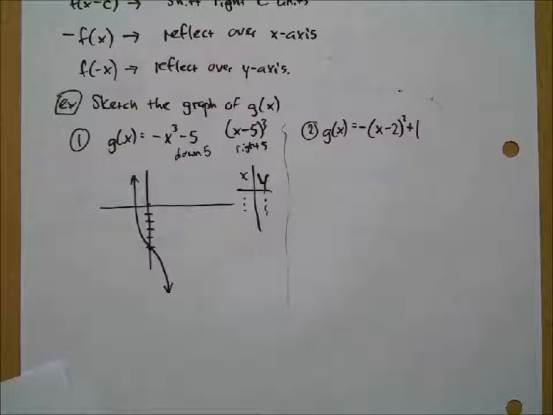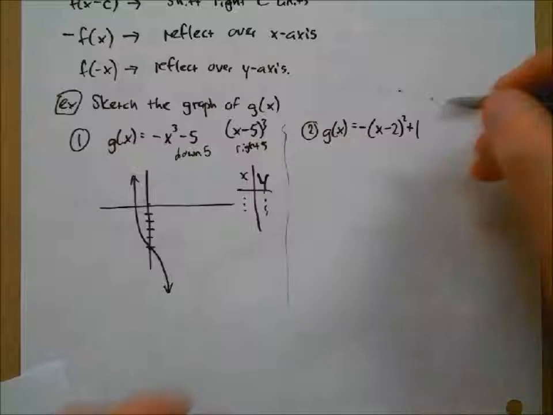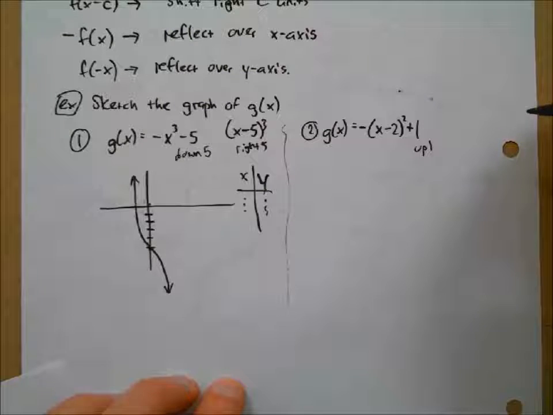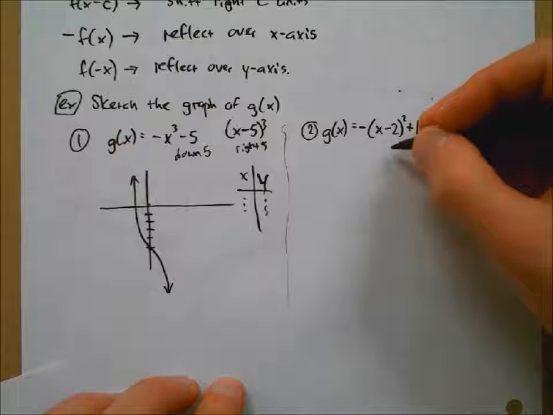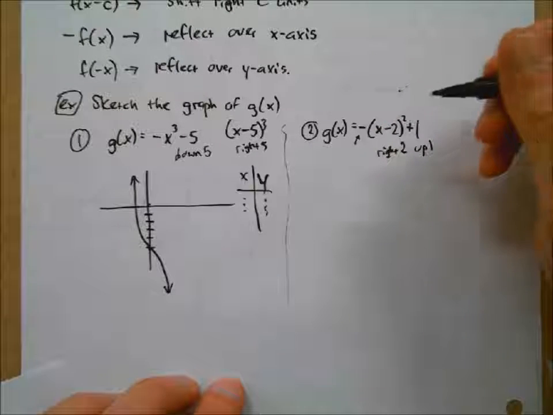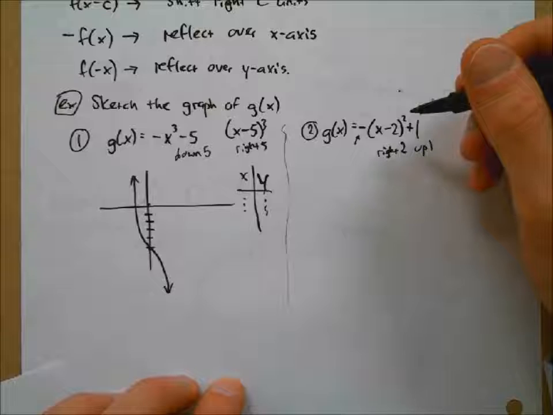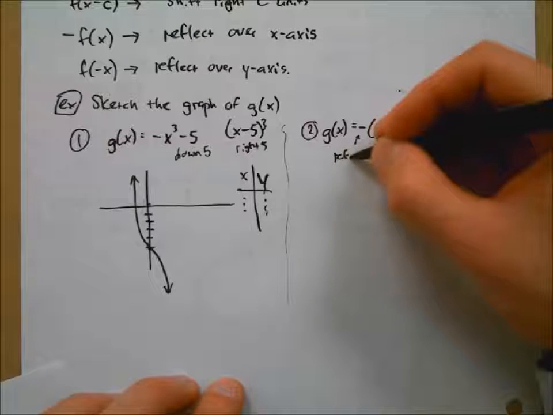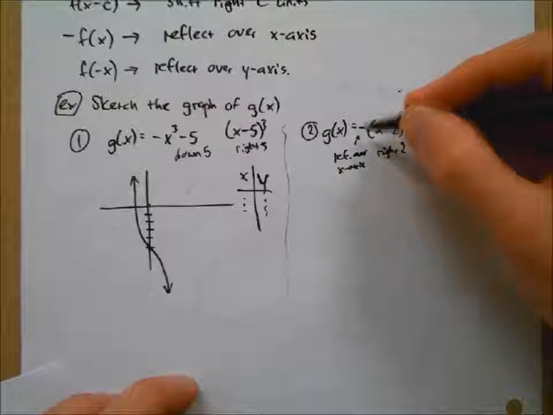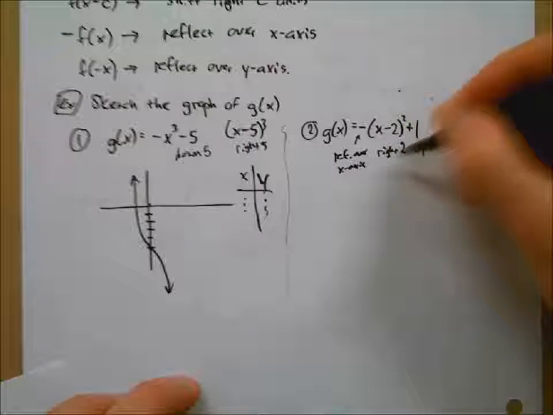Well, the plus 1 would mean it's going up 1. Okay, so up 1. And then the negative 2 would be right 2 units. Right 2. And then the negative sign in front of the parentheses would be a reflection. Yep, reflect over the x-axis, right? So again, take care of that reflection first, then do your translations here, okay?